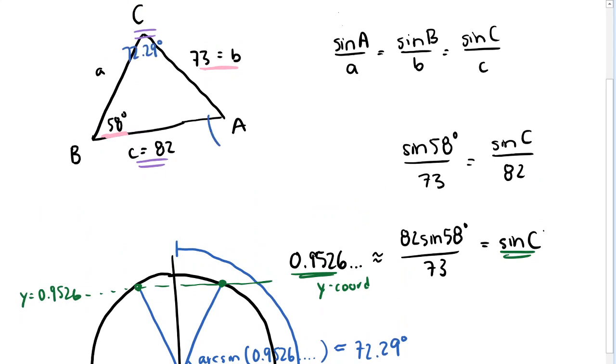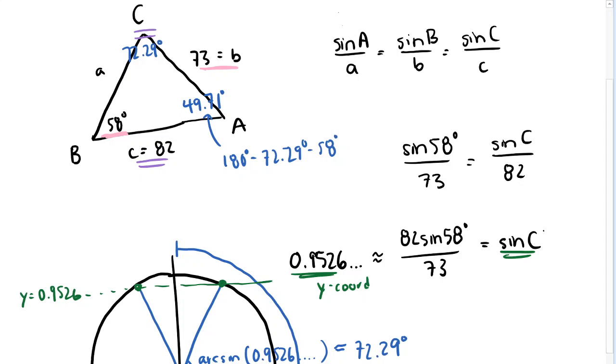Well, then we can use the fact that all the angles sum to 180 degrees to get this missing angle here. So this would be 49.71 degrees, because that's what it takes to add them all up and get 180 degrees. You can figure this out by subtracting away our two known angles to get this last third angle.